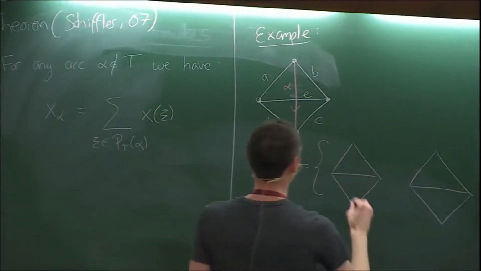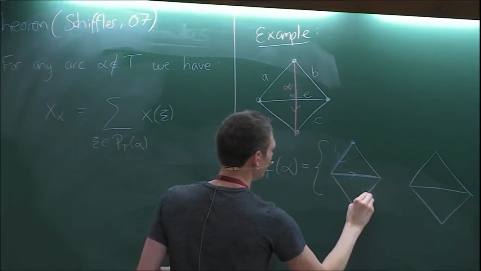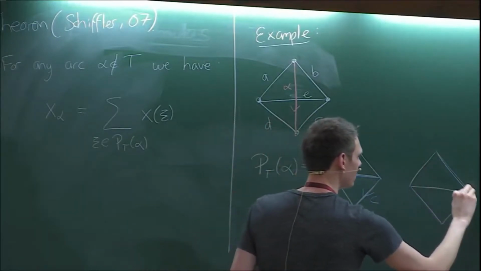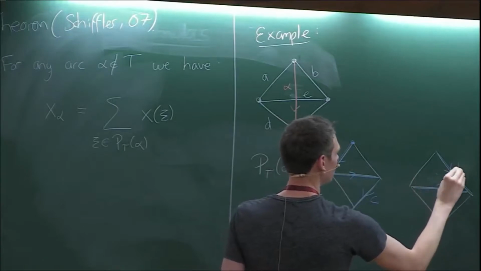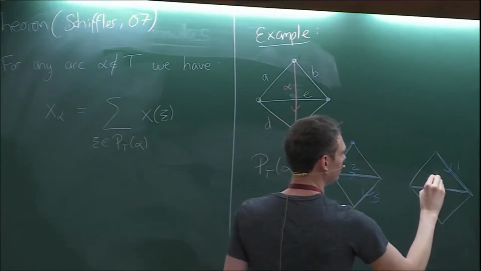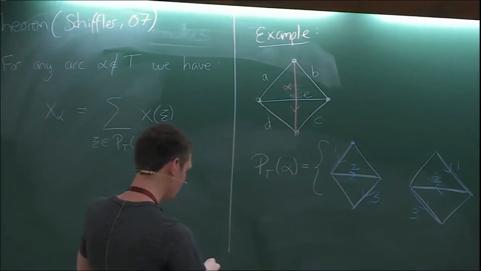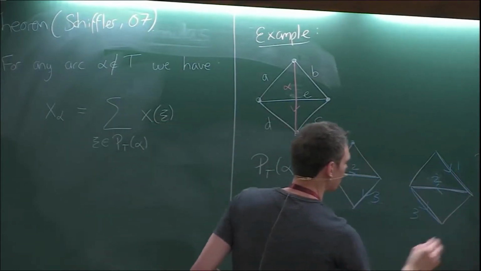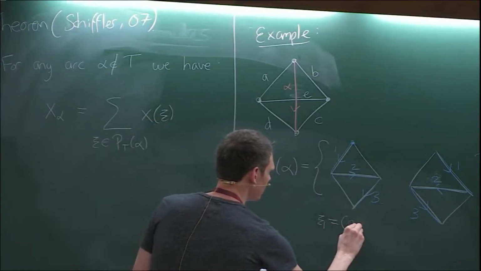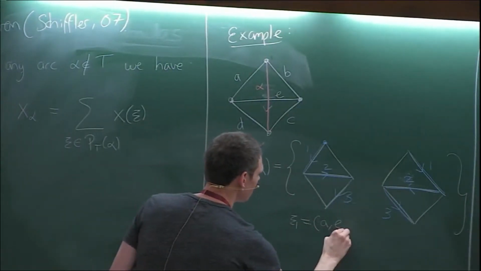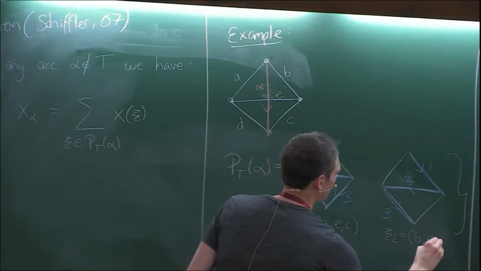So if we chose this to be our first arc, then we have to go along E, and then we have to go along C. And if we picked B first, then we'd again have to go along E, but in the opposite direction, and then we'd finally have to go along D. Okay, and so if we label this first t-path by zeta 1, formally this should be written as A, E, C. And then zeta 2, B, E, D.